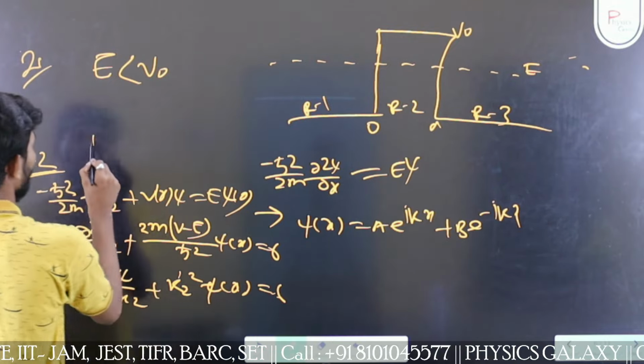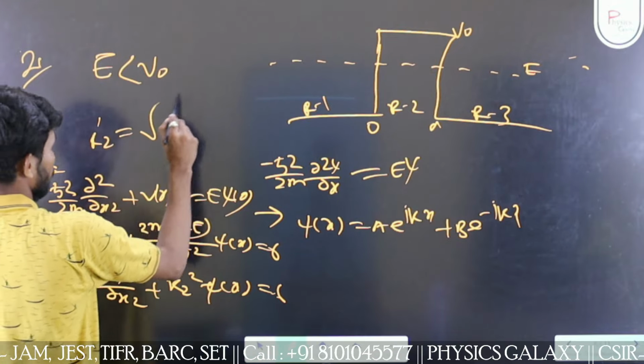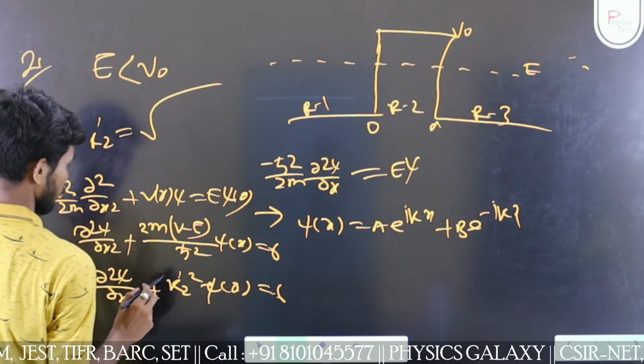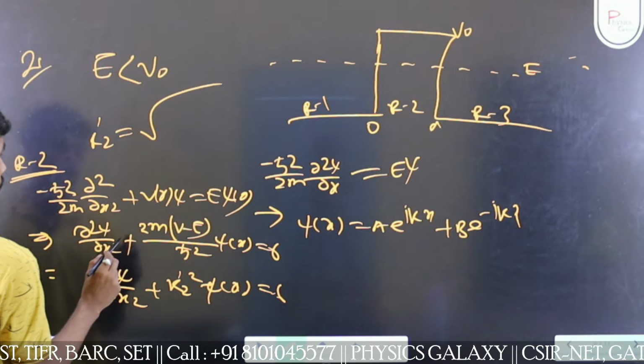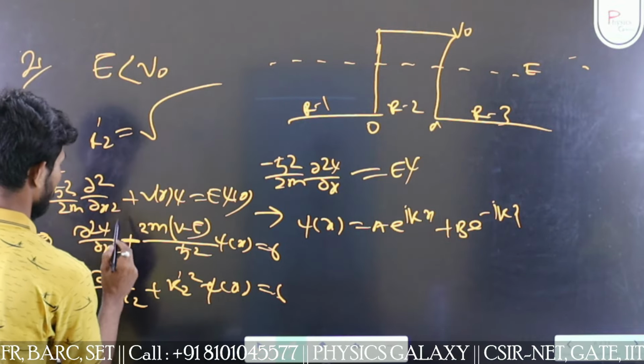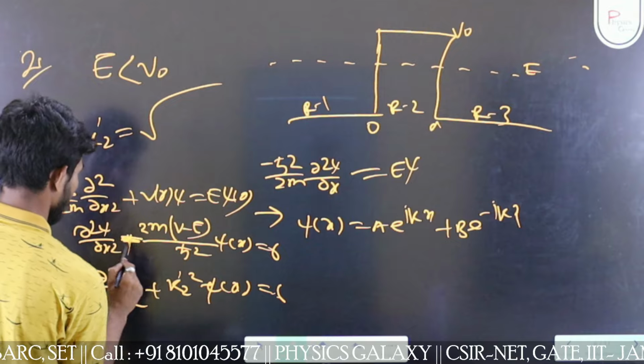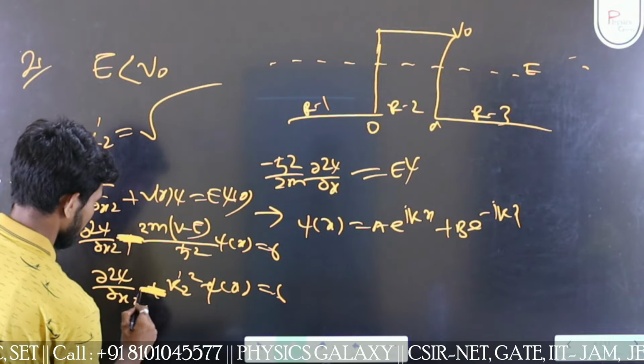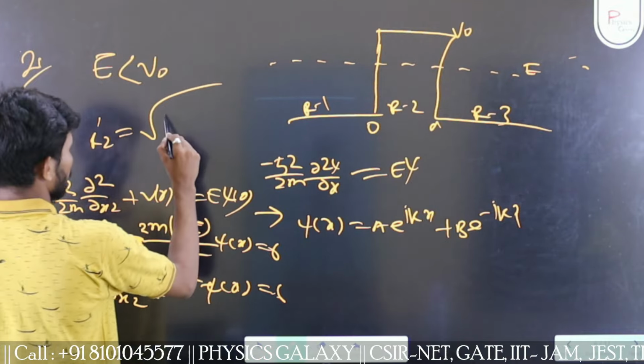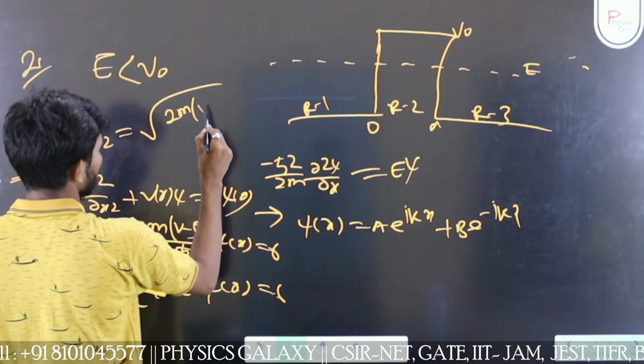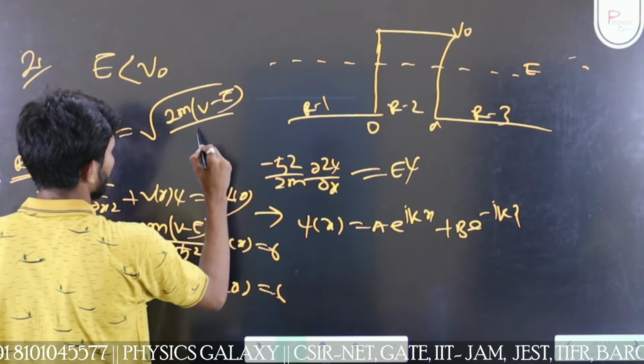Here k2 dash square is equal to, sorry, it is a negative sign, 2m (V minus E) divided by h square.